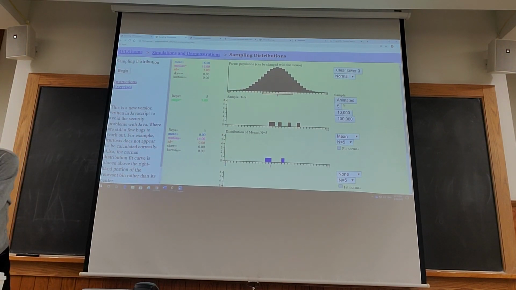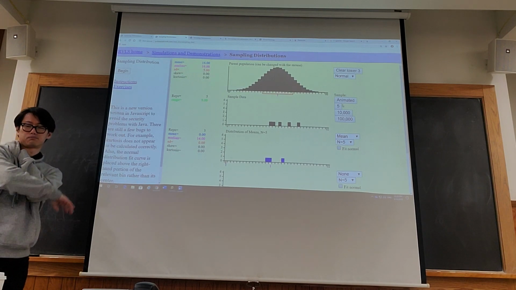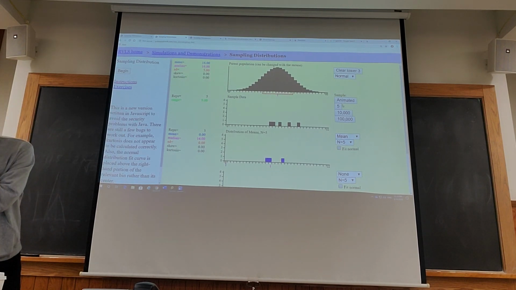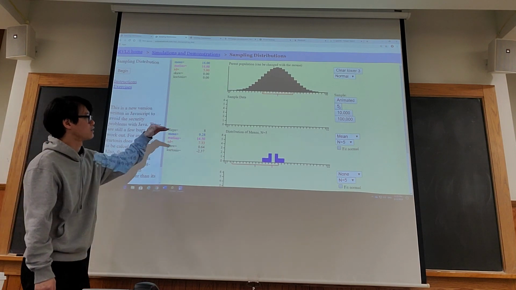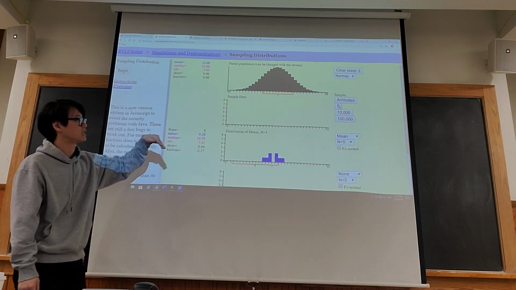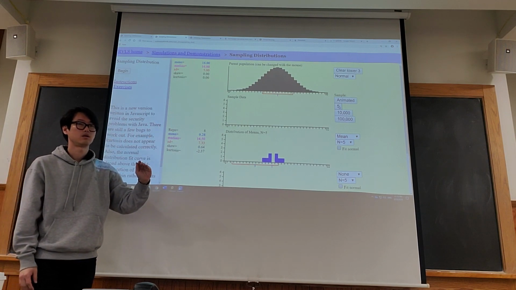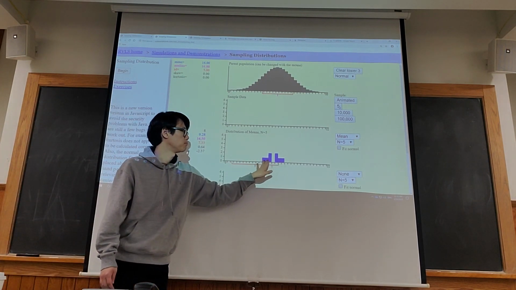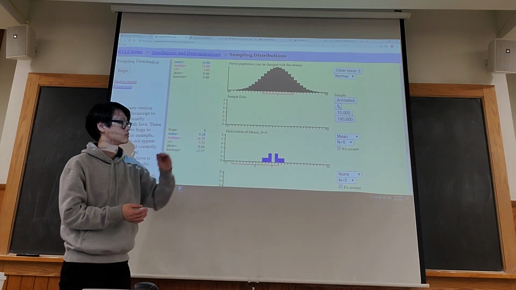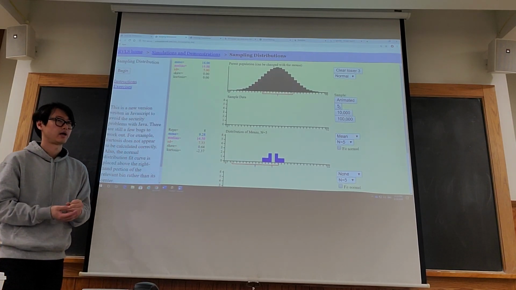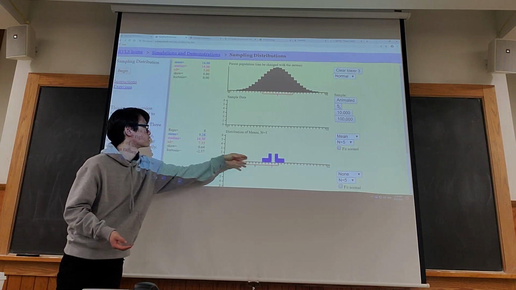I want to accelerate the whole process. If I click 5 here, it means I repeat the same procedure 5 times. So this is the empirical histogram of my sample mean, and there are 8 observations there.